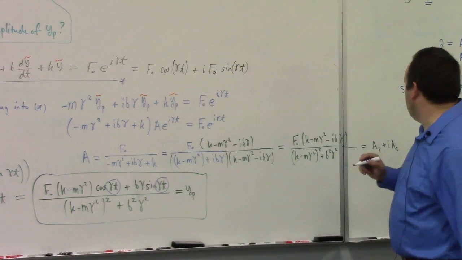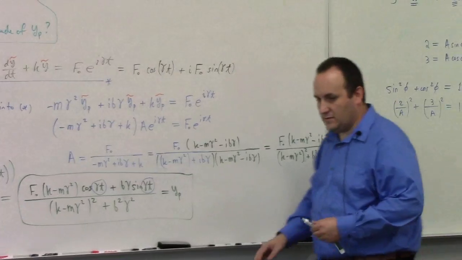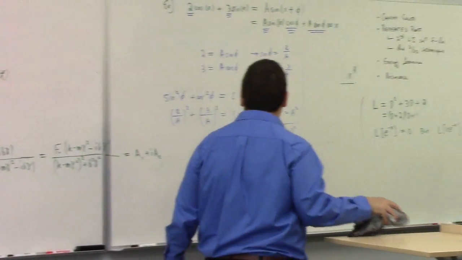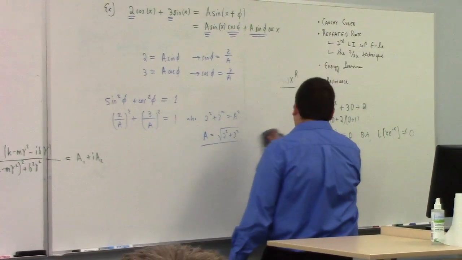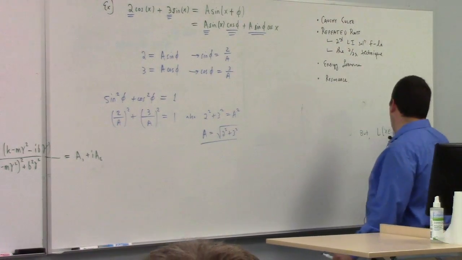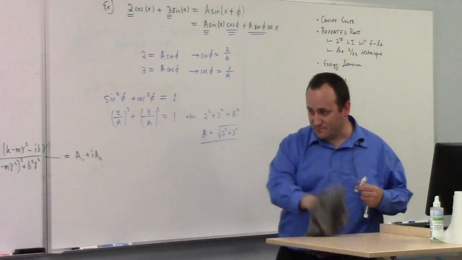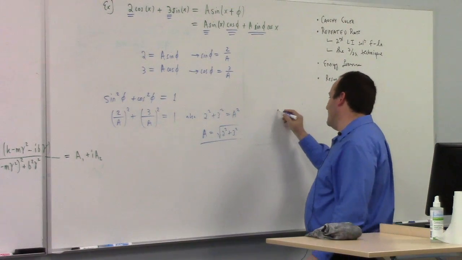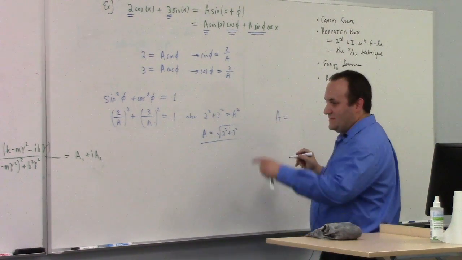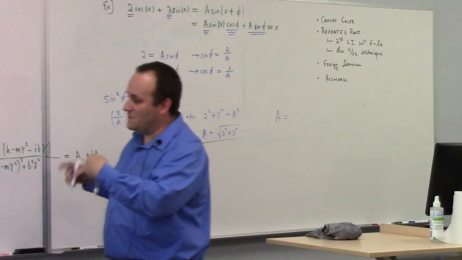But since that is the case, we finally find our formula for the amplitude. The amplitude is going to be the square root of the sums of the squares of the coefficients here.